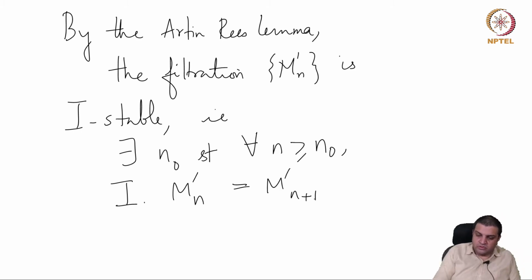In other words, the module M star that we constructed for this M prime over the ring R star is finitely generated. So this is equivalent to that statement.